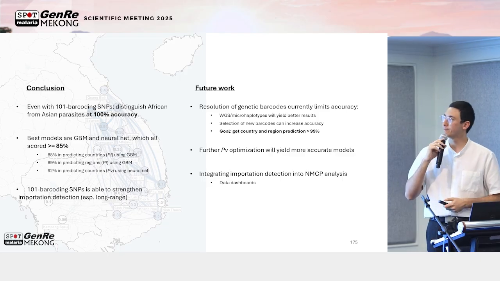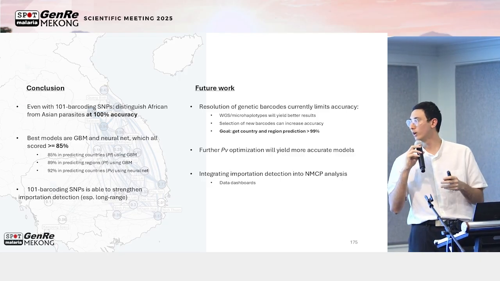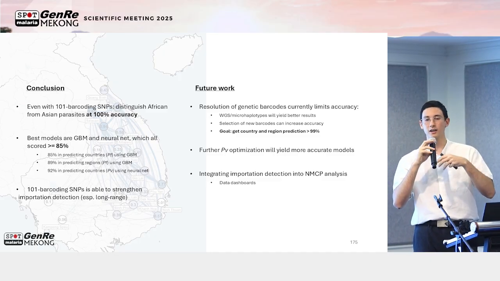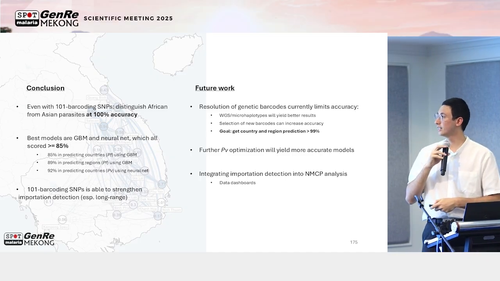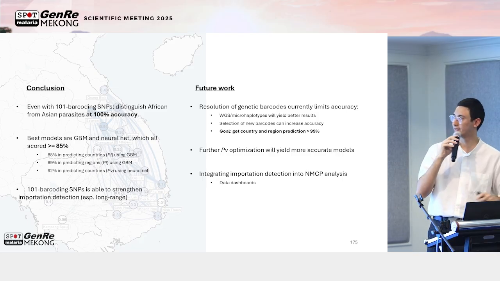To sum everything up, even with 101 barcoding SNPs, which is considered lower resolution genetic data, these models could still distinguish African parasites from Asian parasites at 100% accuracy.